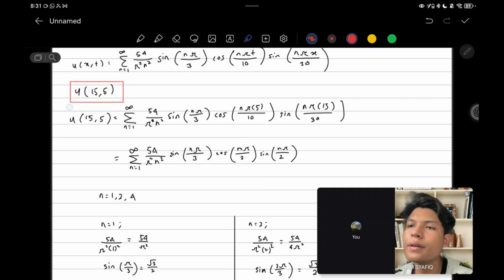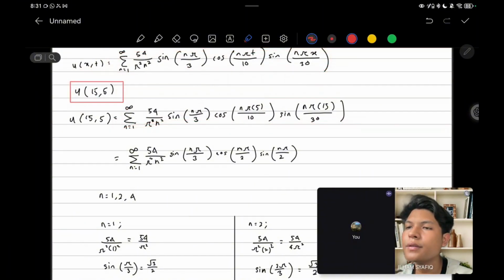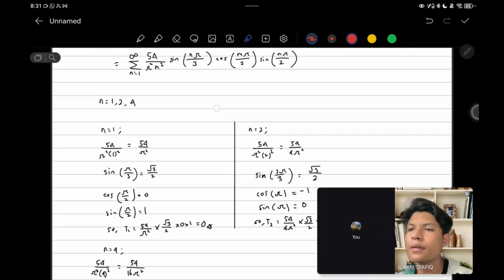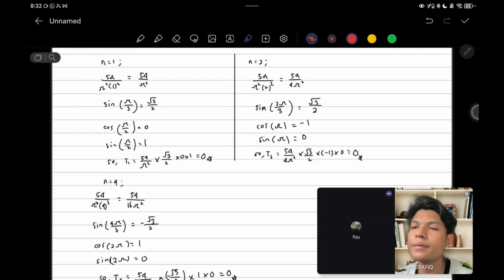So we substitute the x and t in this equation, like this. After that, we simplify it to the new equation. Then we put n equals 1, 2, and 4. So we substitute the n values, and then we get this.